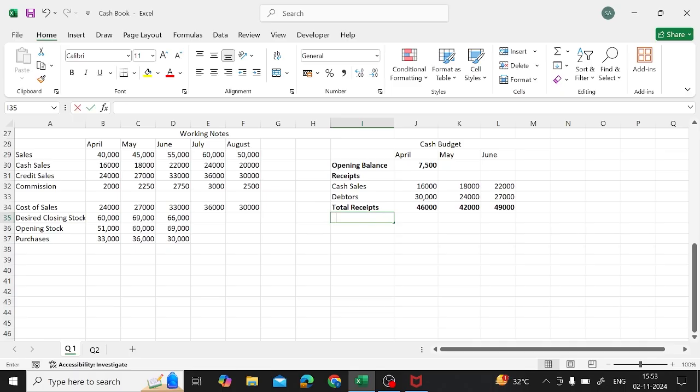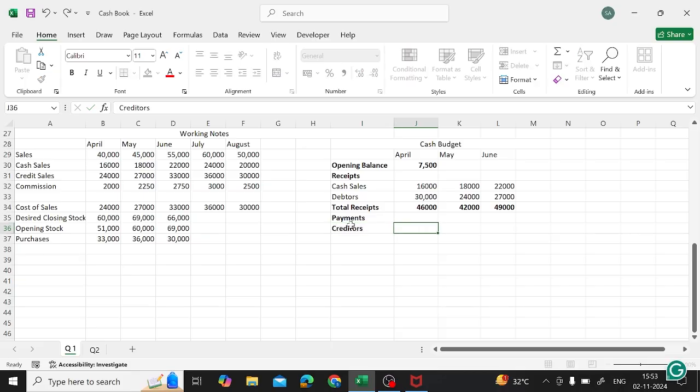The next is payments. In the payments, first of all, you have the payment to the creditors. Opening creditors are given as 14,000. So in April you make the payment of 14,000, and it is given that trade creditors are paid in the month following purchases. So in May, you make the payment for the purchases of April, and so on.